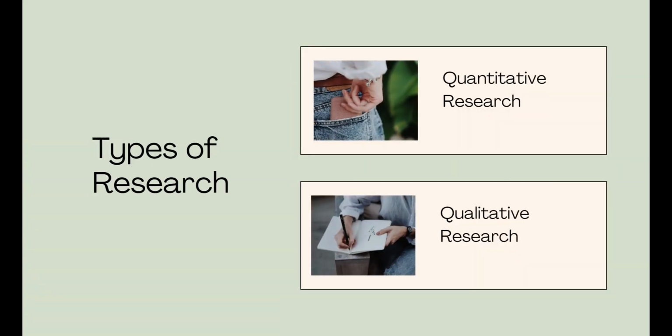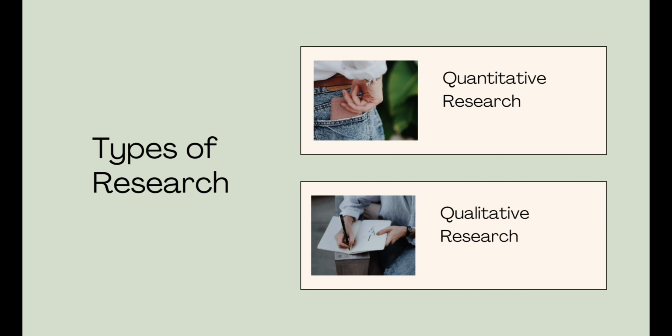Okay, if you have a research subject, I'm sure that you are already familiar with the differences of these two, but for the sake of those who are not yet familiar with these two, let us just talk about the differences of these two. So let's have the quantitative research first.